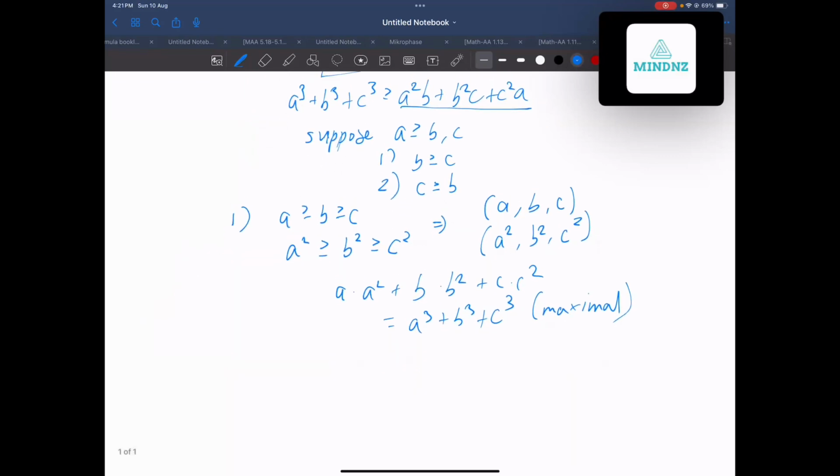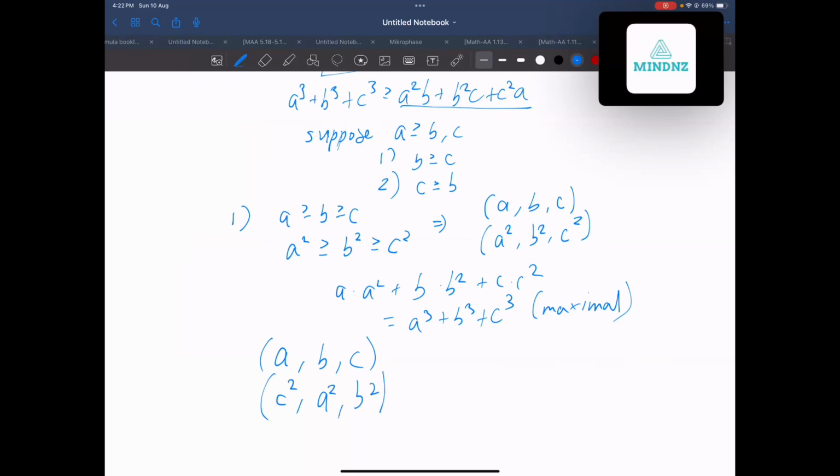So let's check how this is going to be true. For our other sequence, we would have a, b, c, but we're ordering it with c squared, then a squared, and then b squared, right?